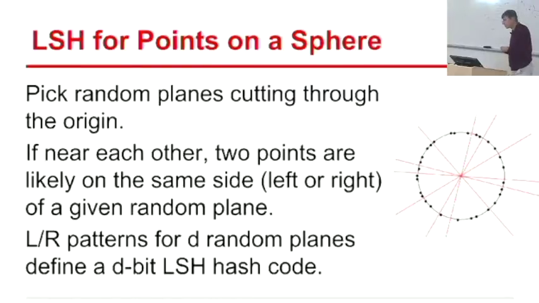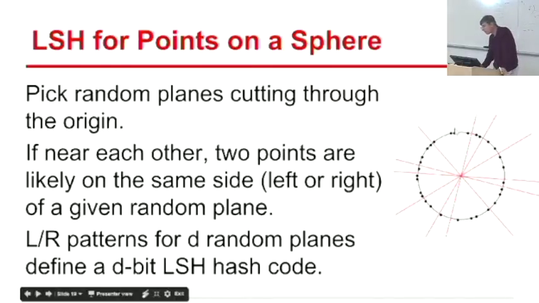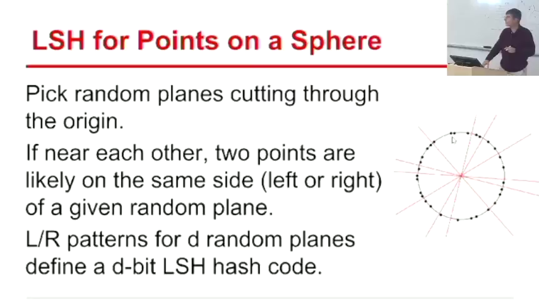So maybe if I constructed 3 hash codes for each point, maybe in one of them the line did cut through those 2 very close points. But odds are in the other 2 it didn't, and these points might very well get the same hash code in at least one of them. So the bottom line is there is a theory for how you would do this.